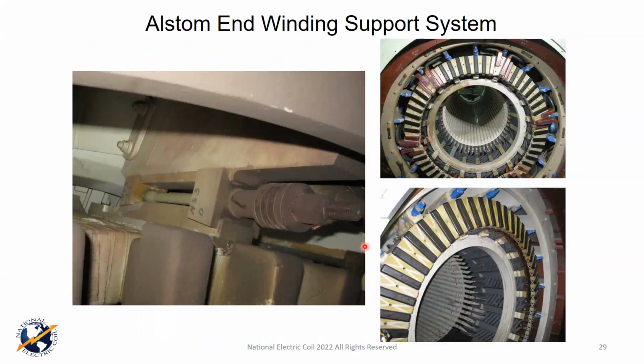Again, we're here at the Alstom Owners Group, and I wanted to talk a little bit about some of the bigger Alstoms, the WX, WYs, all pretty much have this configuration. And one of the things they do for their hoop strength and to make that end winding support brackets cinched up quite tight, is they put in these tensioning blocks.